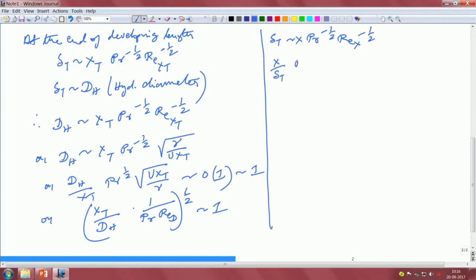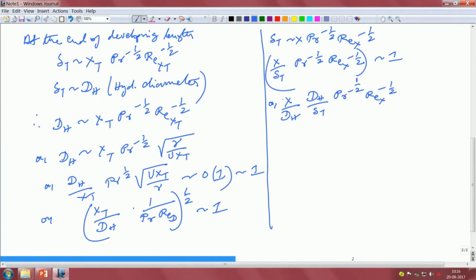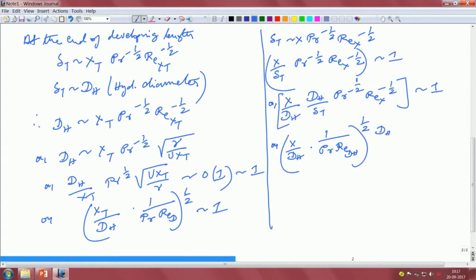So, x by delta t into Prandtl number to the power of minus half, Reynolds number x to the power of half is proportional to 1, or x by dH, dH by delta t, Prandtl number to the power of minus half, Reynolds number x to the power of minus half, this entire thing scales as 1, or x by dH into 1 over Prandtl number, Reynolds number dH to the power of half, dH by delta t is proportional to 1.